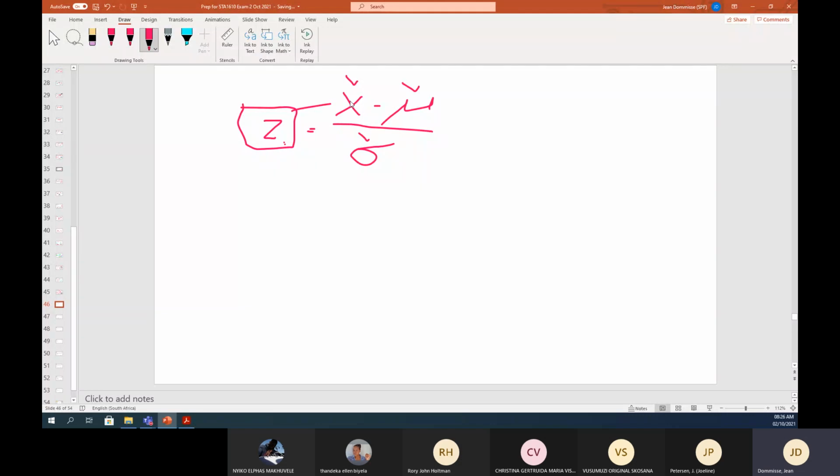And then you go to the table and you say, okay, my z is positive, I look at the positive table if I need to get that area, or maybe my z is negative and I want that small area, and I go to the negative table.